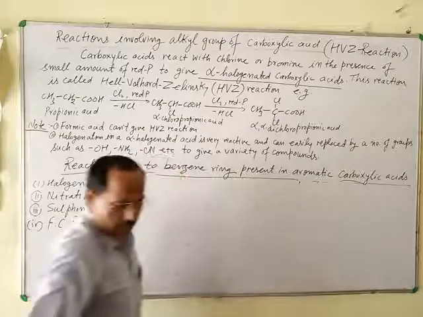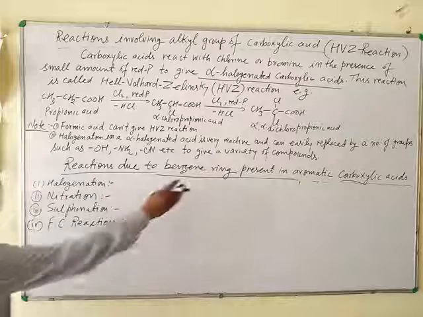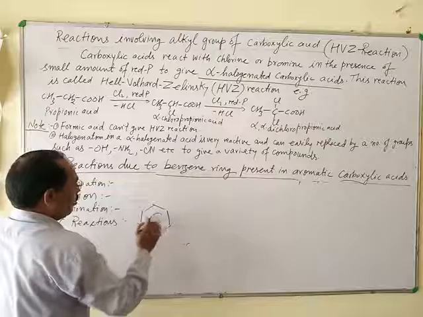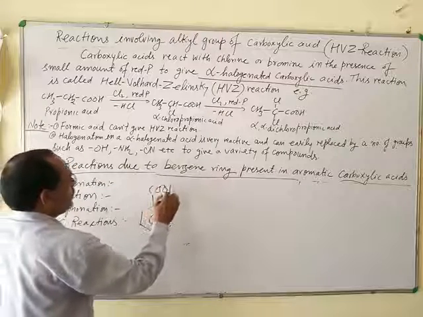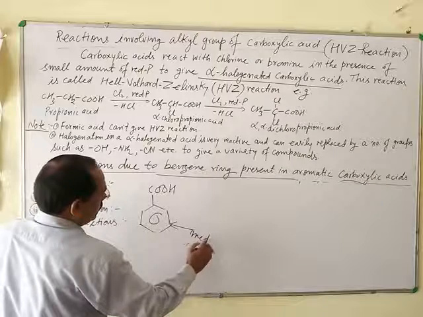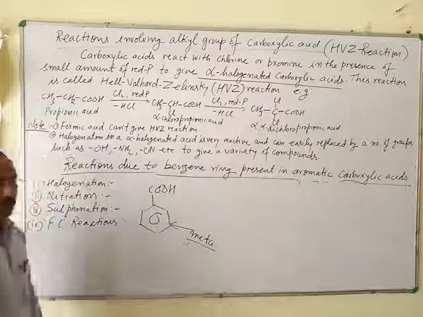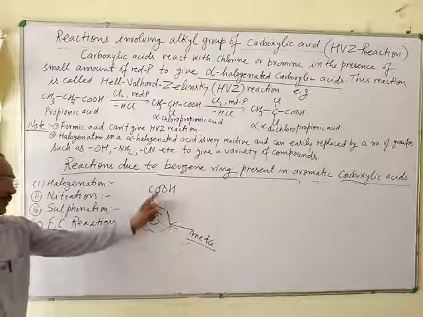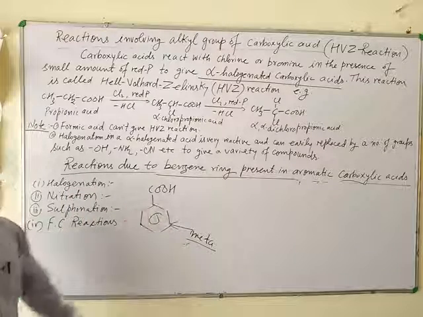For example, benzoic acid is an aromatic compound. With respect to COOH group, this is the meta position. So the substitution takes place only at meta position with respect to COOH.